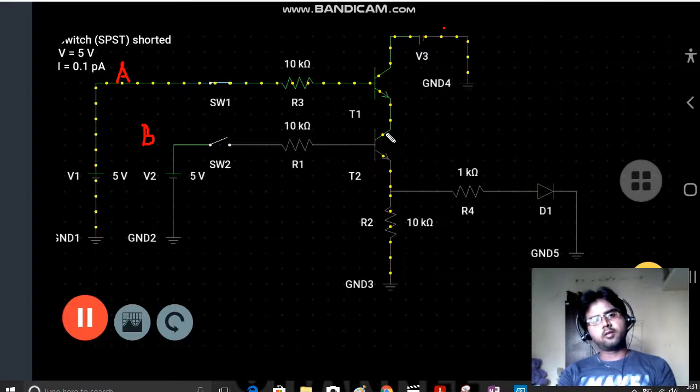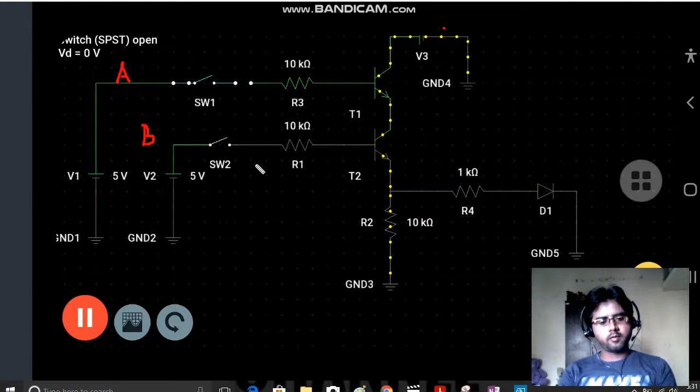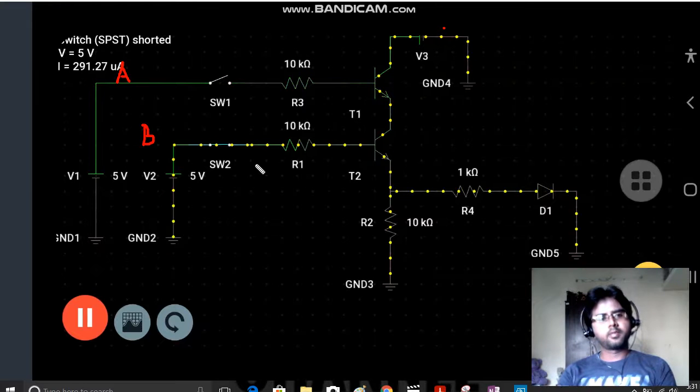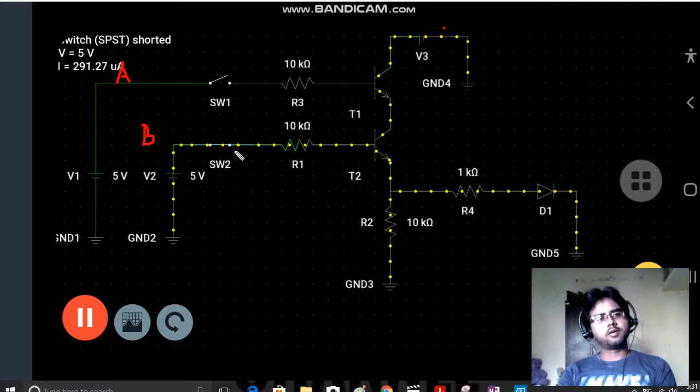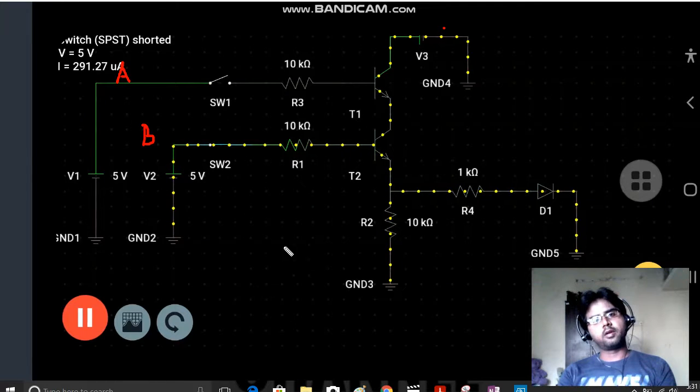Because of that, there will be no current flow, and you will not get the output. The same case happens for B also. Now I'm making B input to high state and this is logic 0 state. In this case also, you are not getting the current flow at the output.